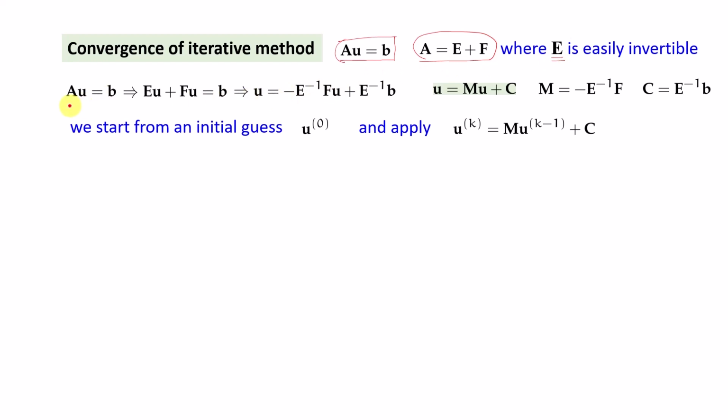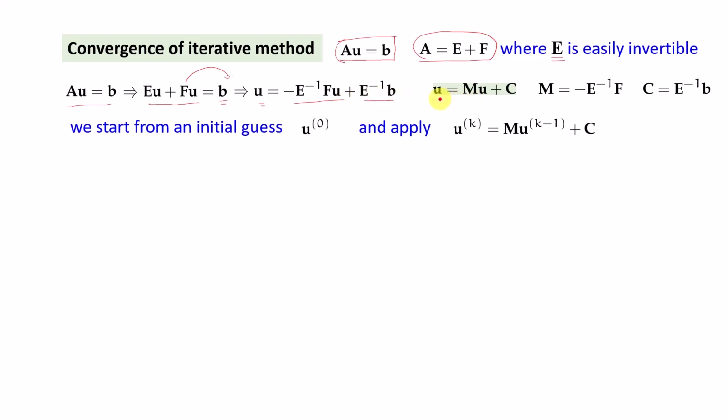So we write this system as EU plus FU equals B, or we take F to the other side and write EU equals minus FU plus B, so U equals minus E inverse FU plus E inverse B, because E is slightly easy, so we can invert it relatively easily.